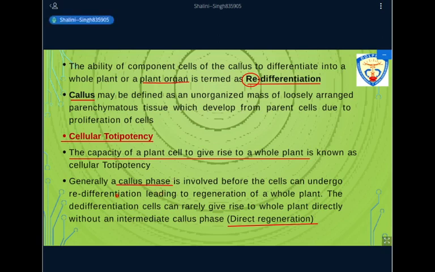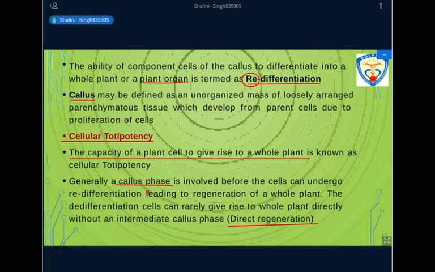Okay, so when you are developing a plant from any explant, you can choose any pathway depending on your convenience. It's up to your choice. Either you can go for direct regeneration or you can go for indirect regeneration. What happens in indirect regeneration?